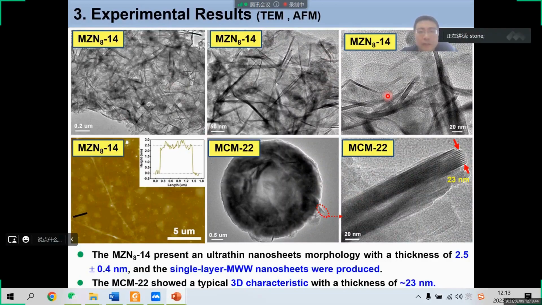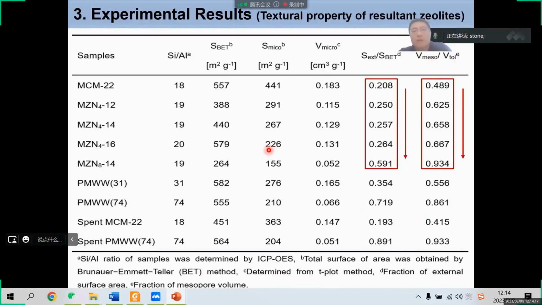From this picture, we find MZN814 presents ultra-thin nanosheet morphology, and the thickness of the MWW zeolite is about 2.5 nanometers, which means a single-layer MWW nanosheet was produced. MCM-22 only showed a typical three-dimensional characteristic with a thickness of about 23 nanometers. This table also gives the texture properties of the resultant zeolites.